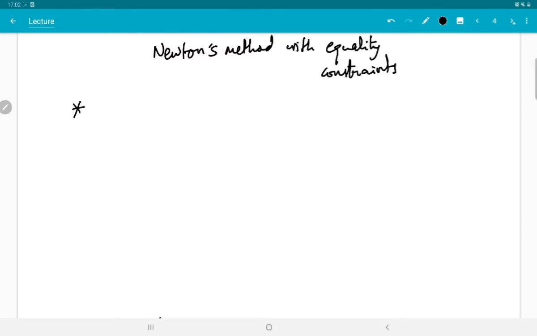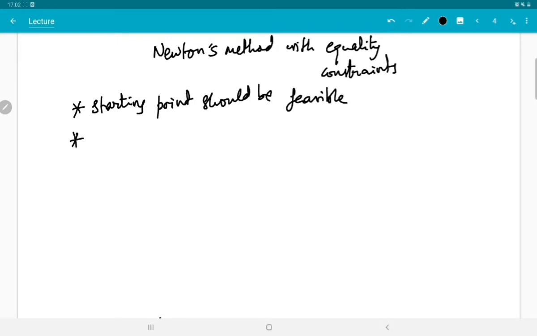The first difference is that the starting point should be feasible. And the second one is that the definition of Newton's step delta x nt is different.